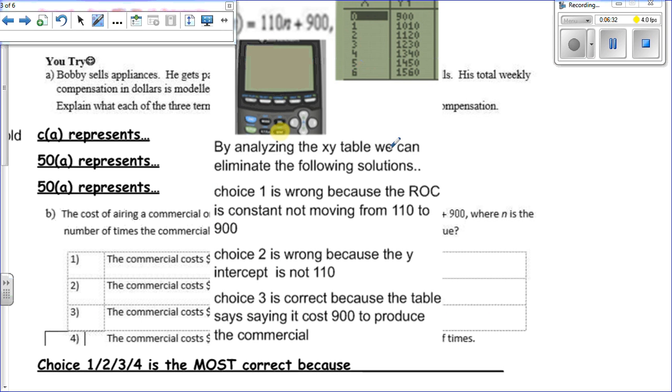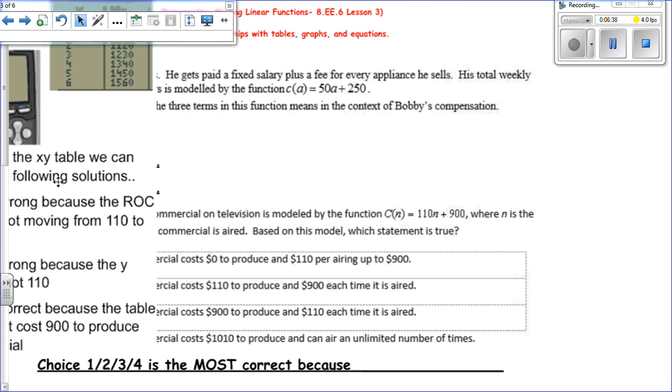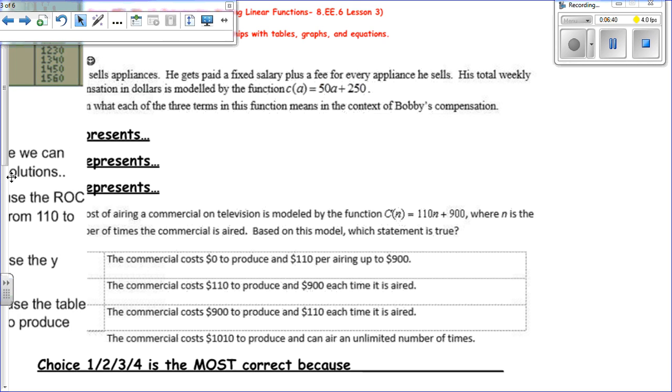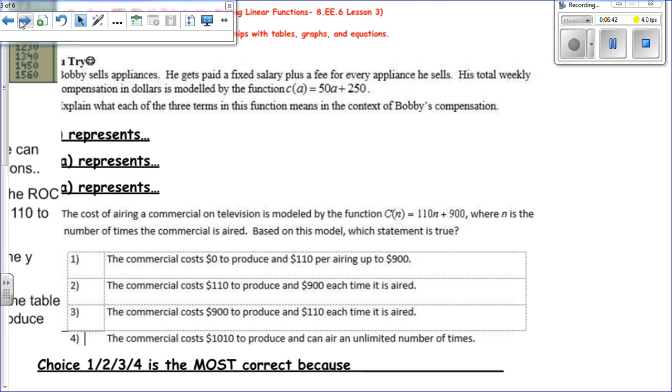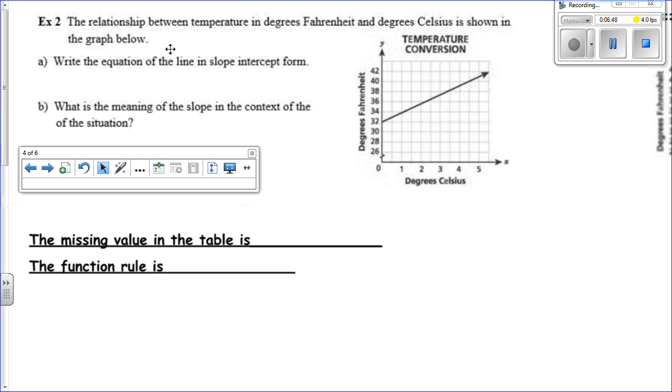Next question. All right, we have a degrees Celsius question. It says the relationship between degrees Fahrenheit and degrees Celsius is shown in the chart below.